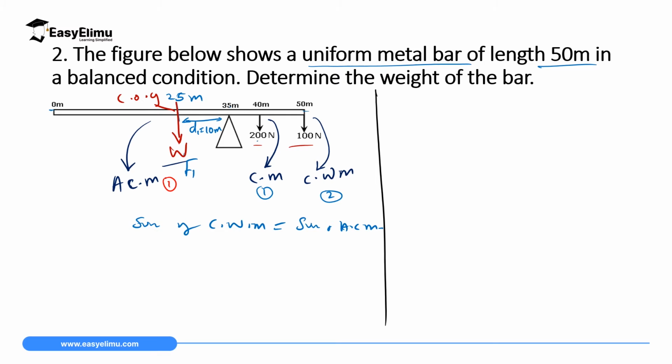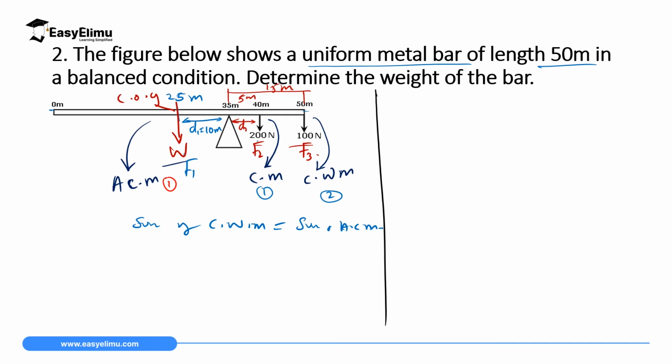Then if this force of 200 we call F2, and the distance from the pivot we call d2, in this case it is 40 minus 35, which is 5 meter. Then the distance of the force of 100 is 50 minus 35, which is 15 meter, and the force we call F3.